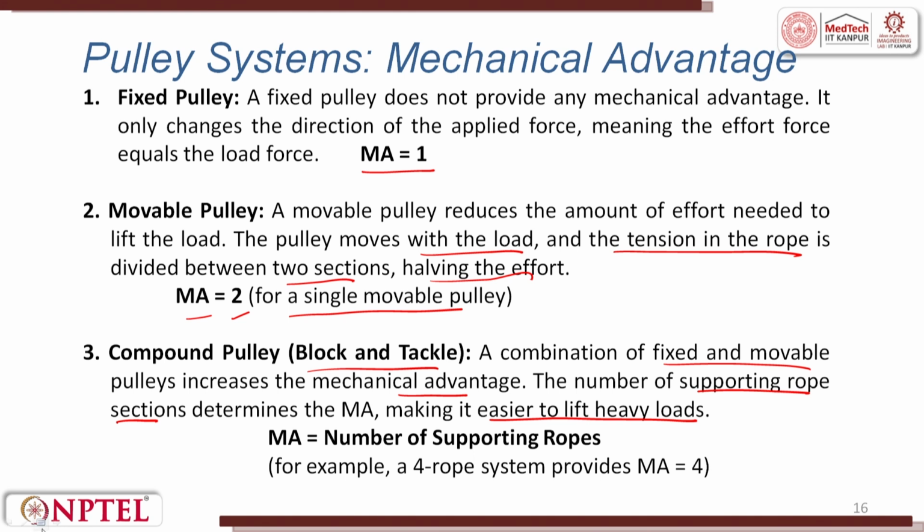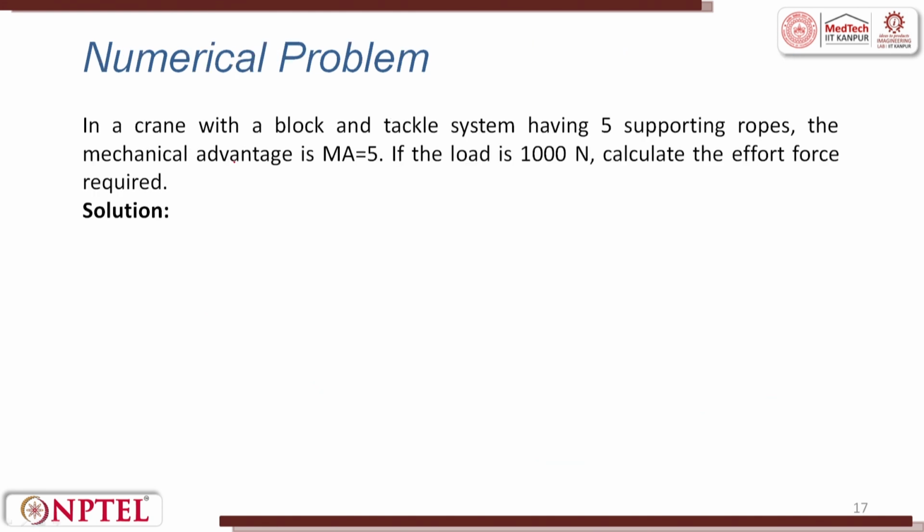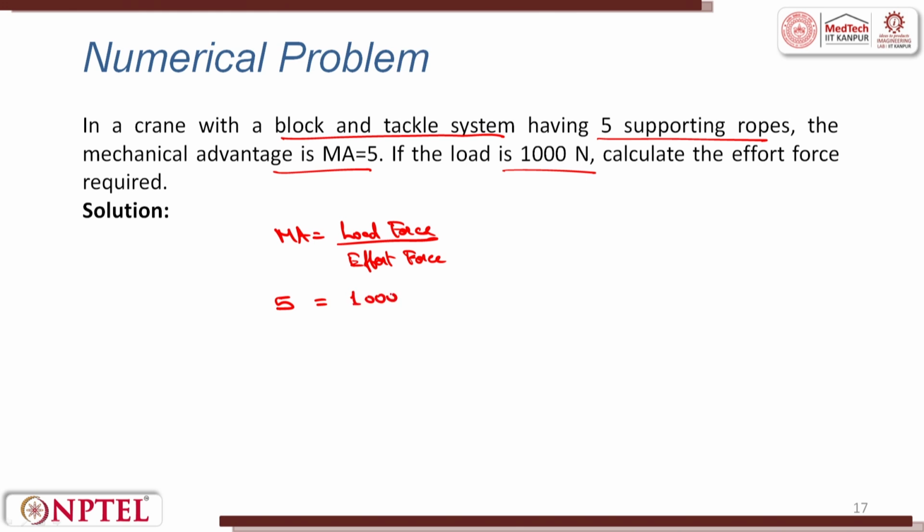So, for a simple calculation, it is given a crane with a block and tackle system having 5 supporting ropes, and mechanical advantage is 5, the load is 1000 Newton. Simply we note mechanical advantage is equal to load force by effort force. Mechanical advantage here is given as 5, load force is 1000 newtons and effort force is what is asked.